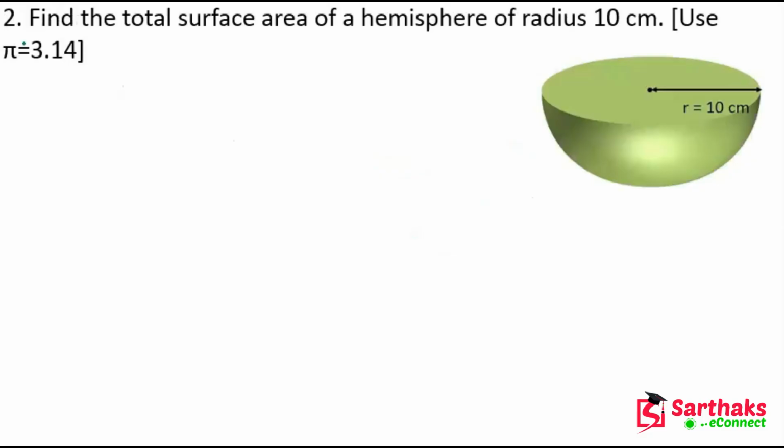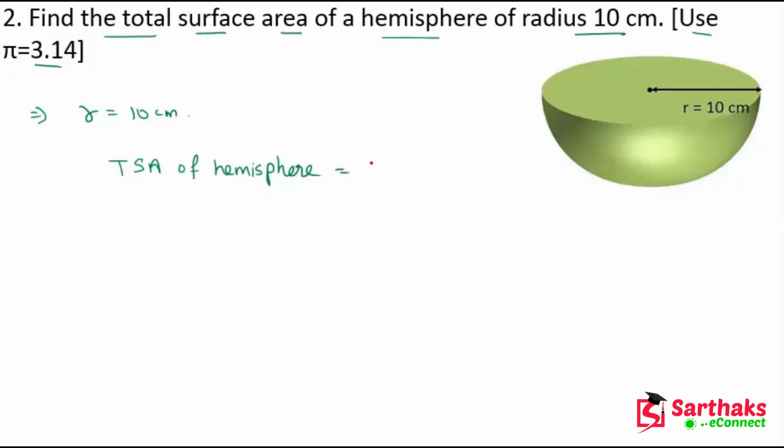Now let's see, find the total surface area of a hemisphere of radius 10 centimeter. You can use pi as 3.14. Here the radius is 10 centimeter, and we know that the TSA of a hemisphere is 3 pi r square.